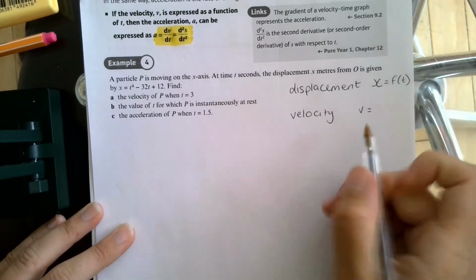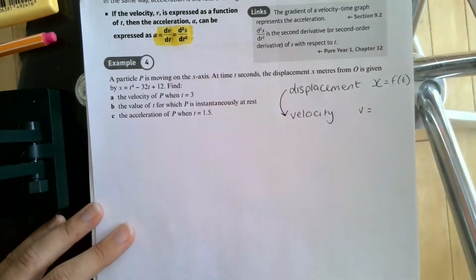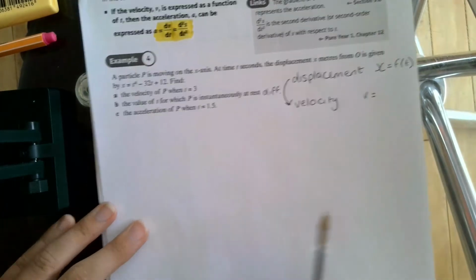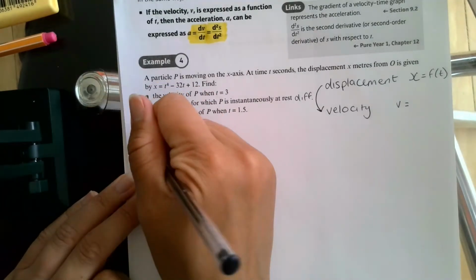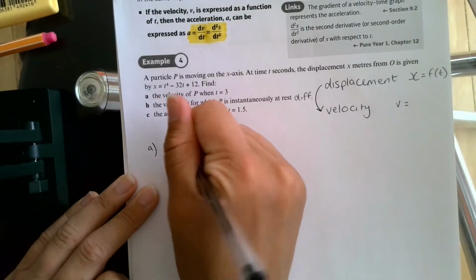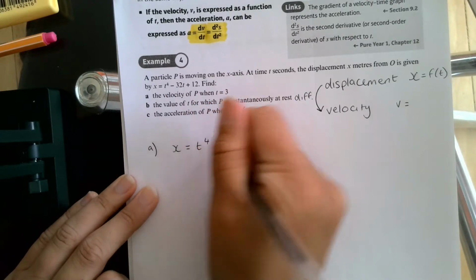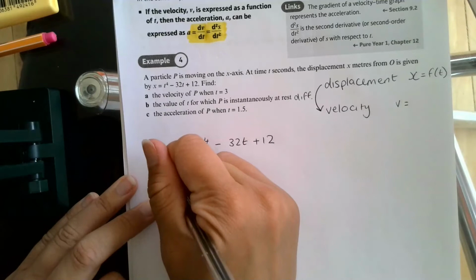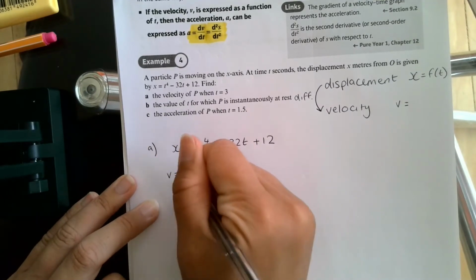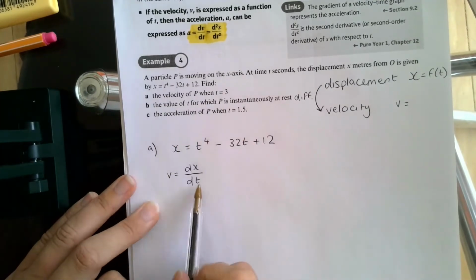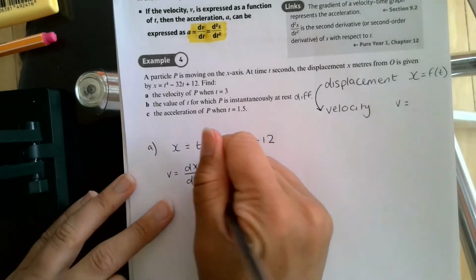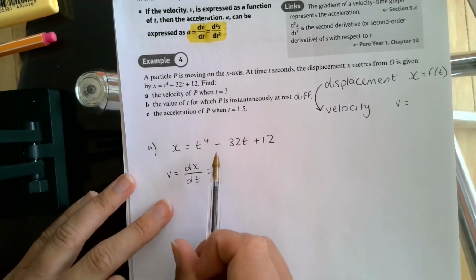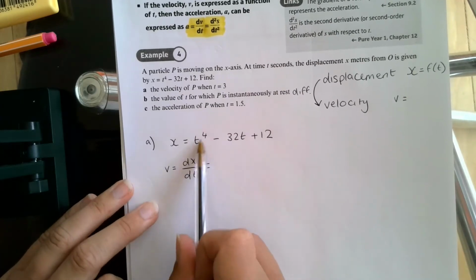So first I need to get that velocity equation, v equals, by differentiating the displacement. The displacement is t to the power of 4 minus 32t plus 12, and the velocity is the derivative of the displacement with respect to time, dx by dt. These should be nice and simple differentiations compared to the hard ones you've seen in pure.